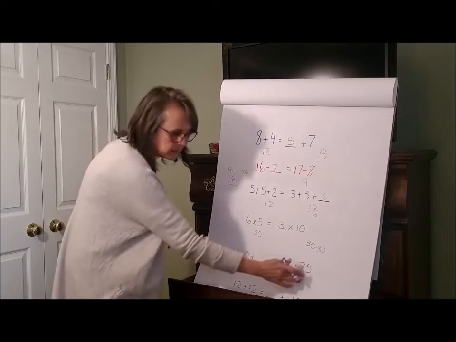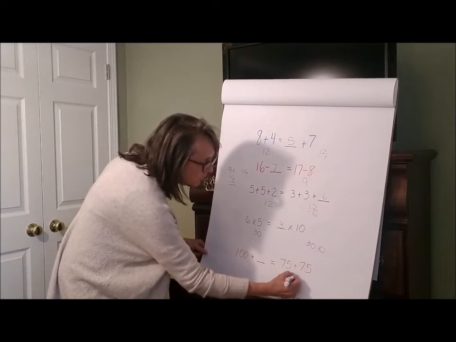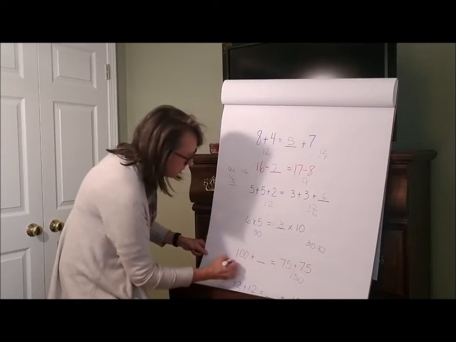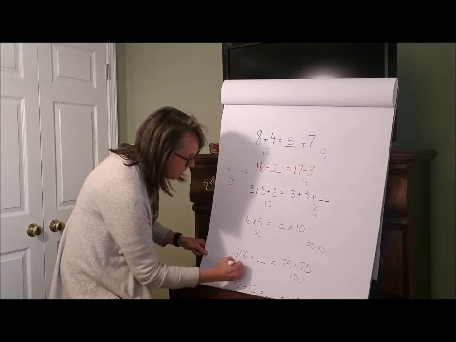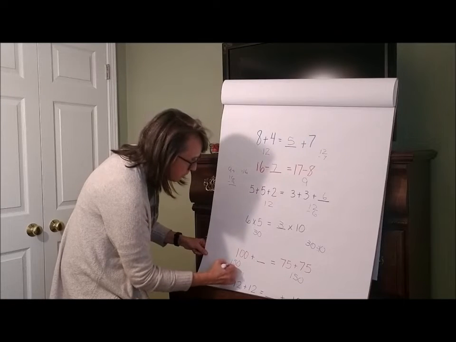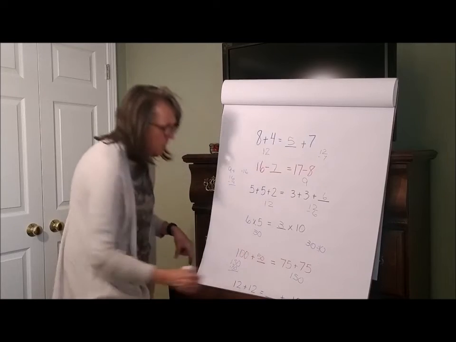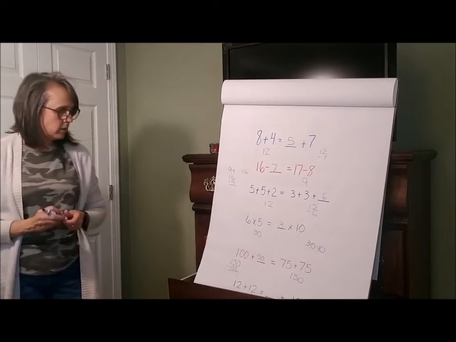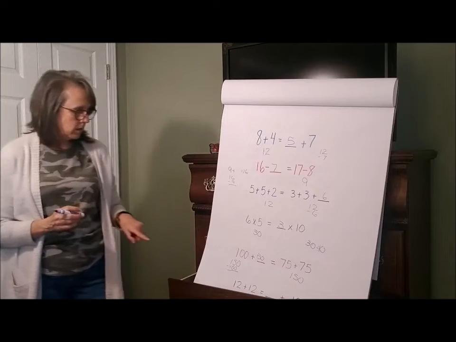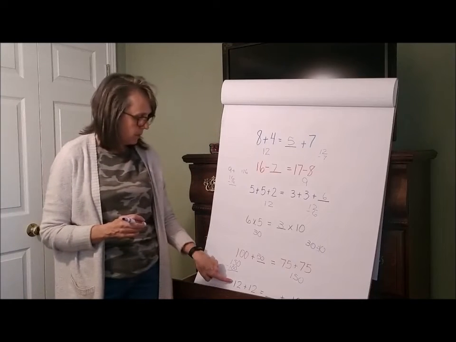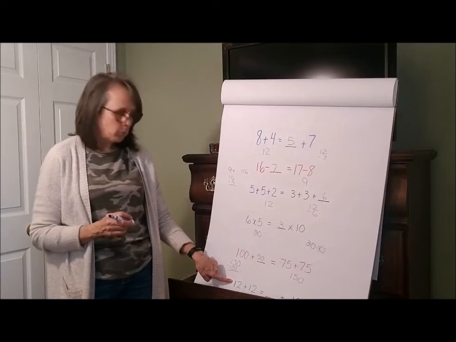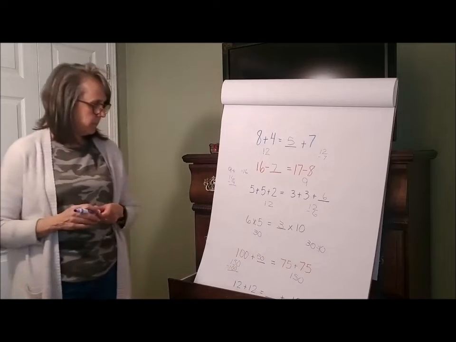Okay, 75 plus 75 you should have gotten was 150. 150 minus 100 means you would put 50 on the other side. Okay, and the last one, I'm going to pause and let you solve that.